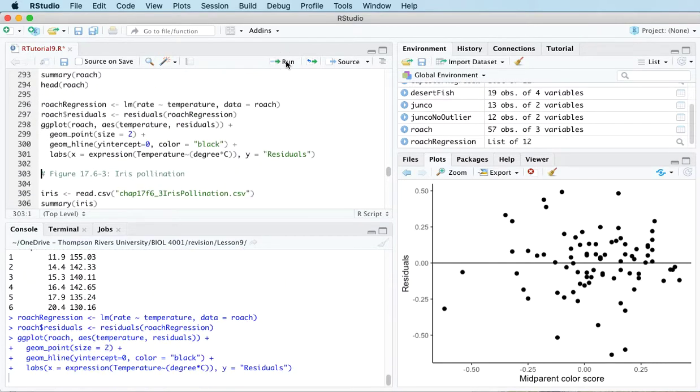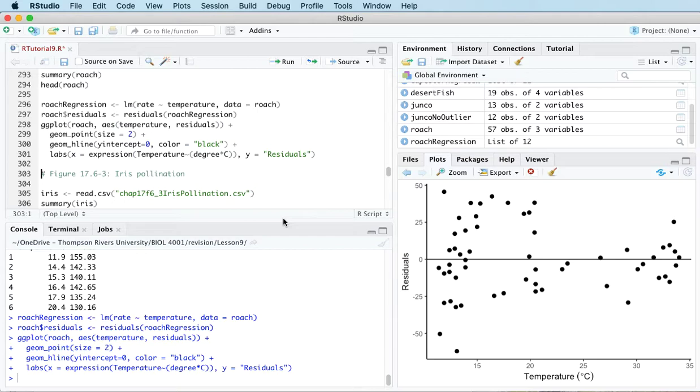In this example, this is a study of firing rates of cockroach neurons on temperature. And this is the residual plot for the simple linear regression model. If I think about assessing the assumptions, have I got a roughly symmetric cloud of points above and below the horizontal line at 0?